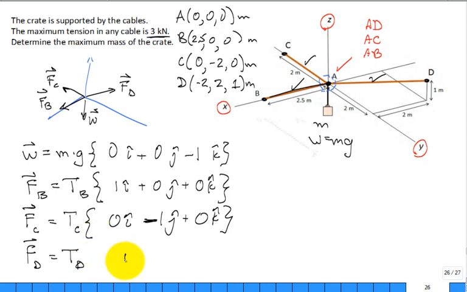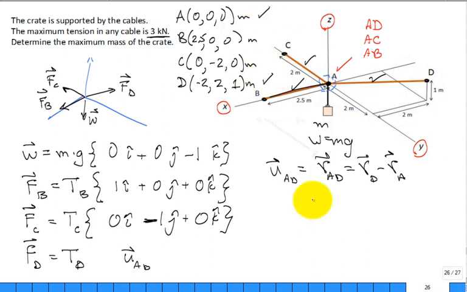That unit vector goes from A to D, and that will require a little work. How do I get the unit vector from A to D? It'll be that displacement vector going from A to D, which is the position vector D minus position vector A. And luckily we have all of our coordinates of D and all our coordinates of A. It's almost too easy.